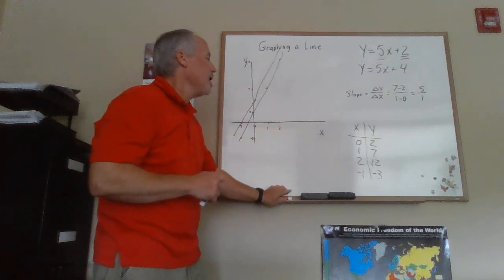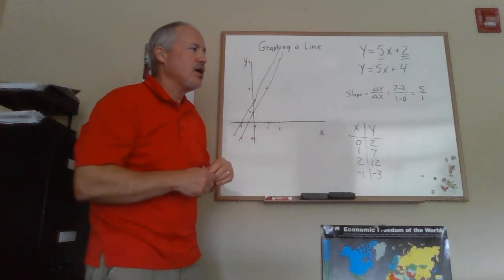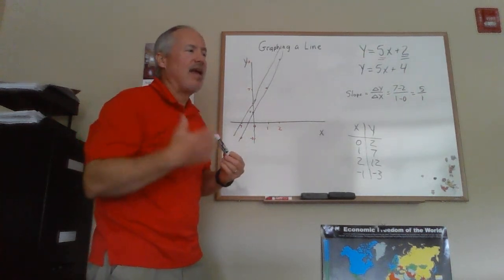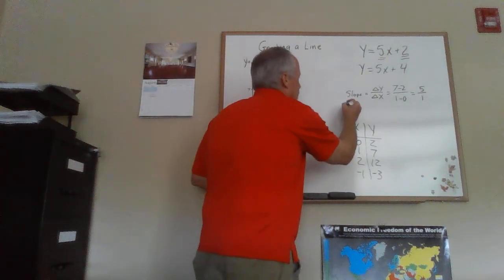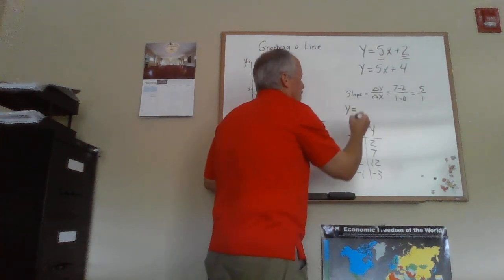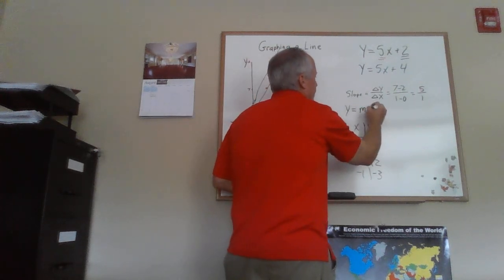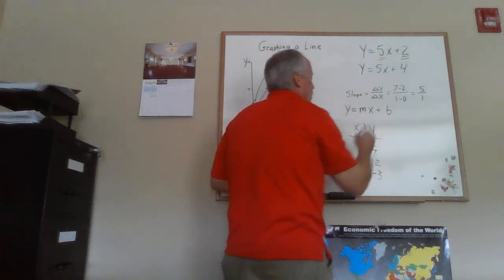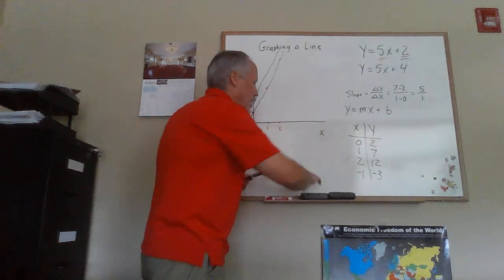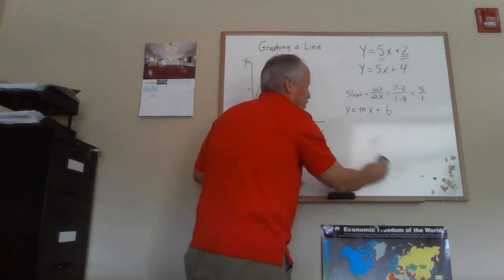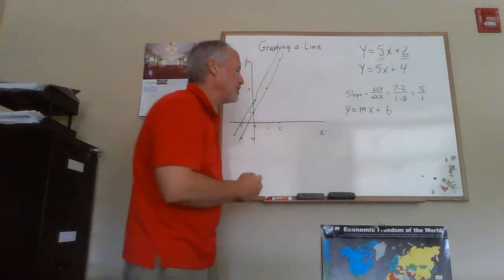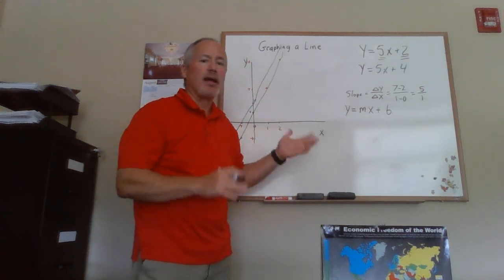Now there's a general form in which we can write the equation of any line, and we can think of this as slope-intercept form: mx plus b. This is the general form of the equation of a line.